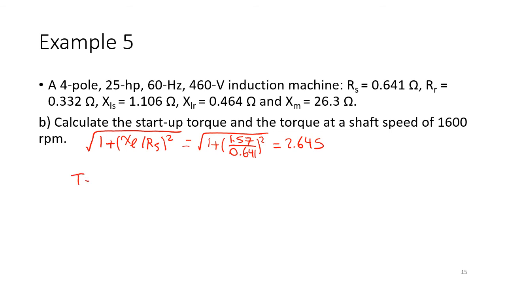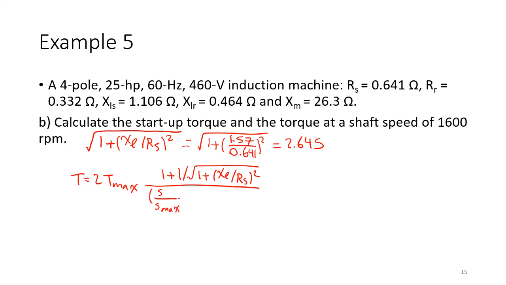So T will be equal to 2 T max over 1 plus XL over RS square, times 1 over S over S max plus S max over S plus 2 divided by 1 plus XL over RS square.